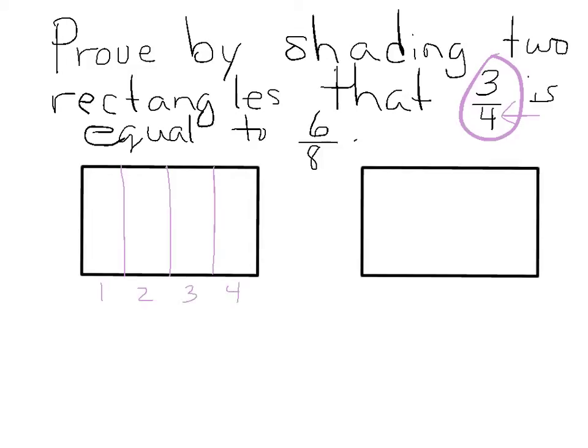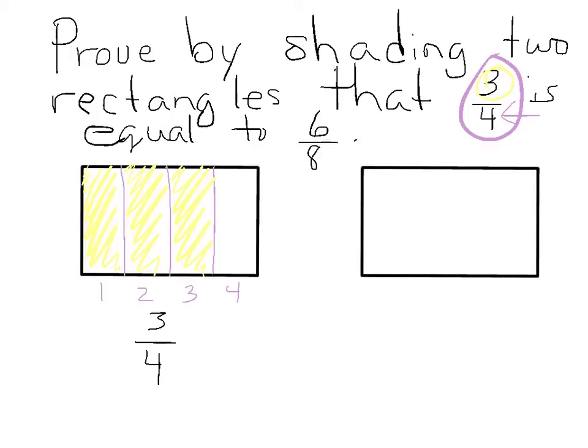All right, now my problem tells me that I need to shade 3 of those. So here's 1, 2, and 3 shaded. So this first one is a fraction that has 3 out of 4 parts shaded.